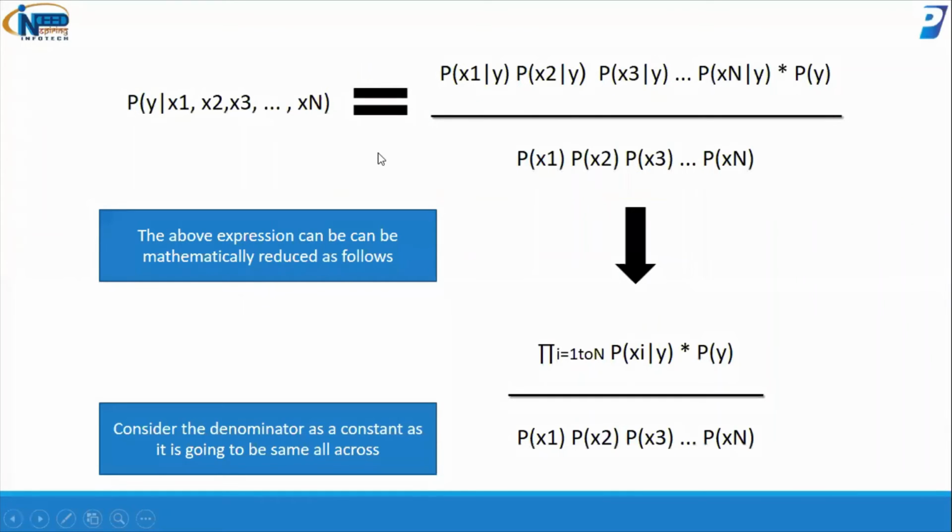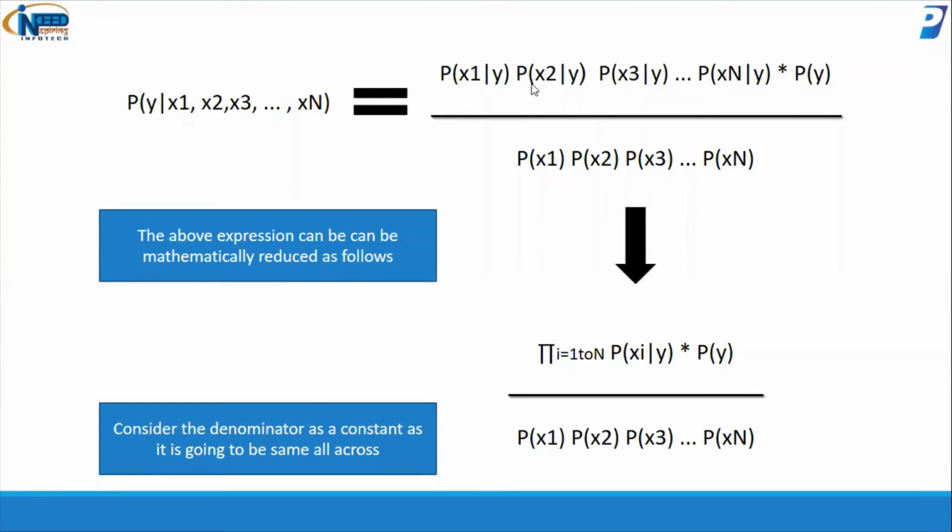Let's move ahead to a little bit of maths about the naive Bayes classifier. Here we have the probability of y given that x1, x2, x3 till xn are already given, equal to the expression from the previous slide.